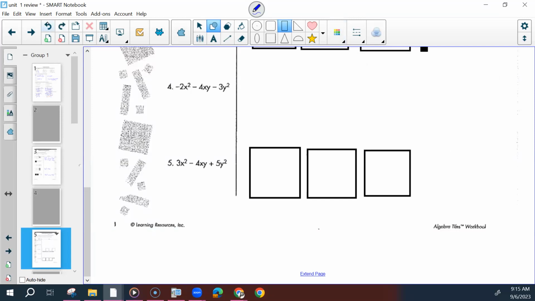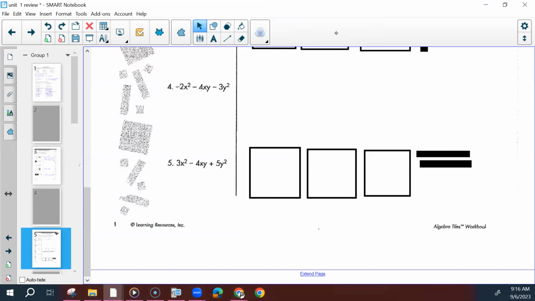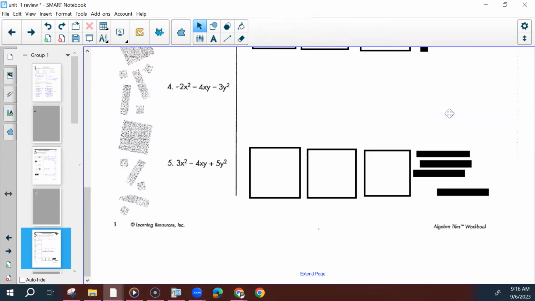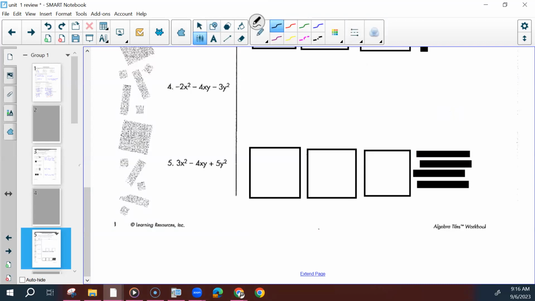Right. And then 5y squared, what are we drawing? That's it. 5 small squares. Shaded or unshaded? Shaded.